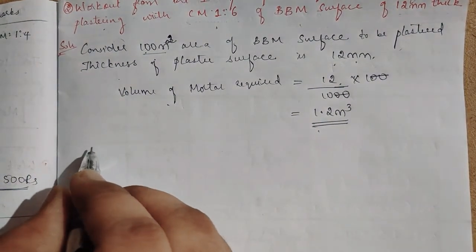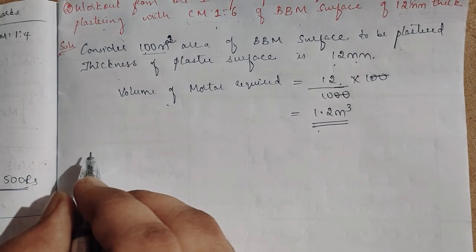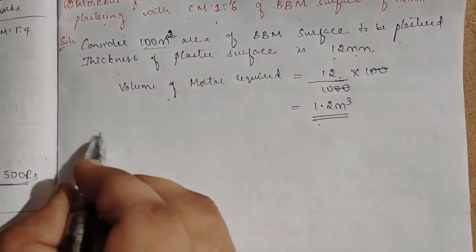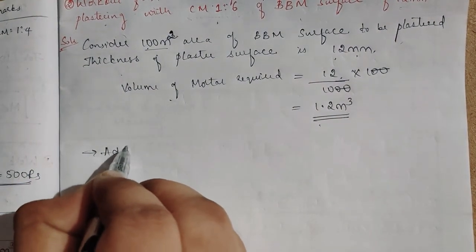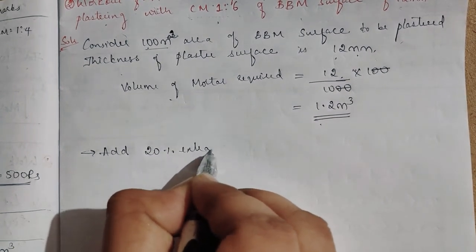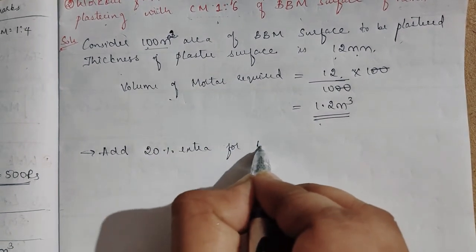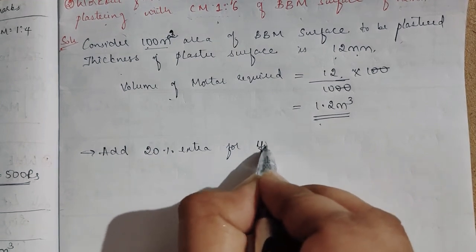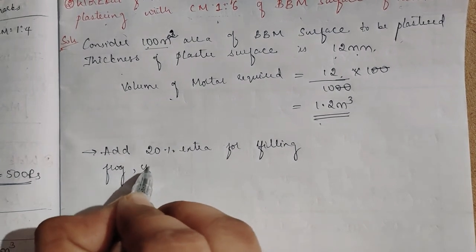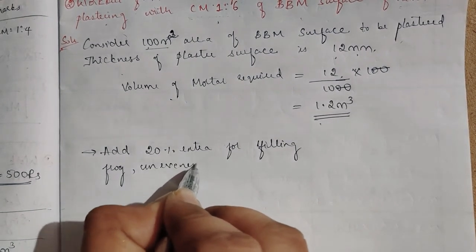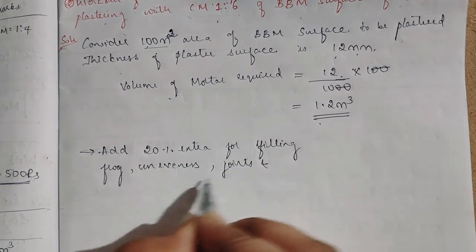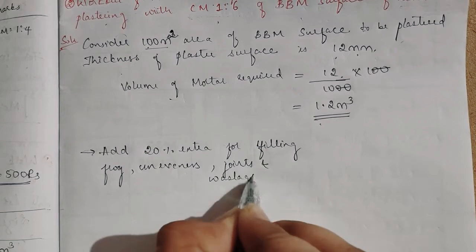Now I'll add extra mortar for filling frog, unevenness in joints, etc. So add 20% extra for filling frog, unevenness, joints, and also wastage.